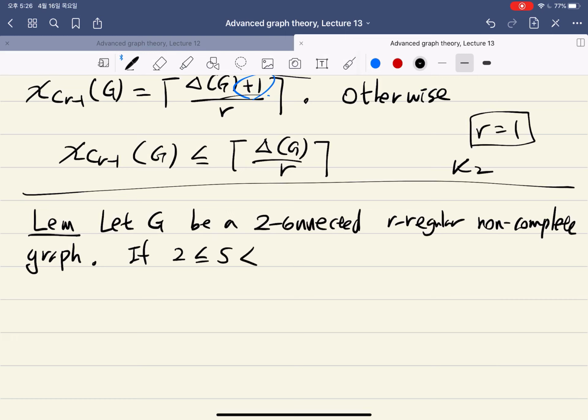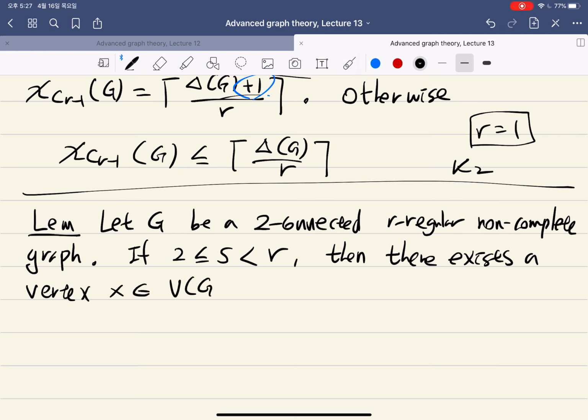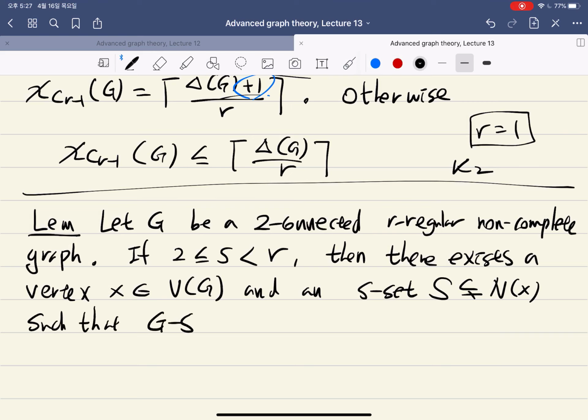If S is between 2 and R, and strictly smaller than R, then there exists a vertex X in G, and a set of size S, which is a subset of the neighborhood of X, which does not contain all the neighbors of X, such that G minus S is connected.